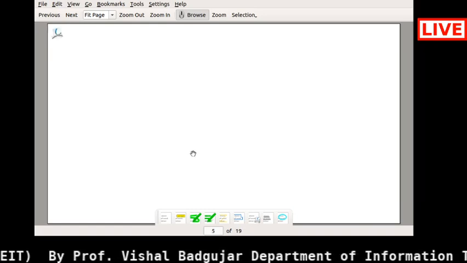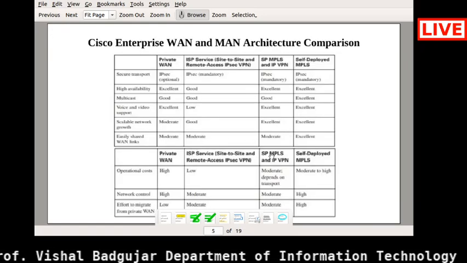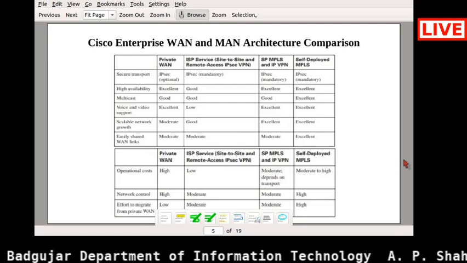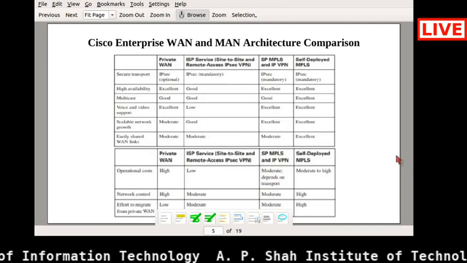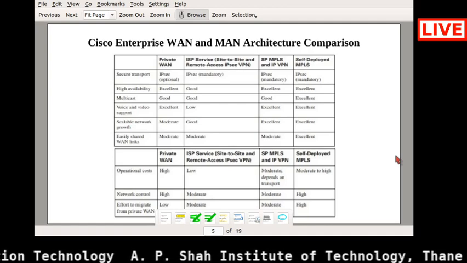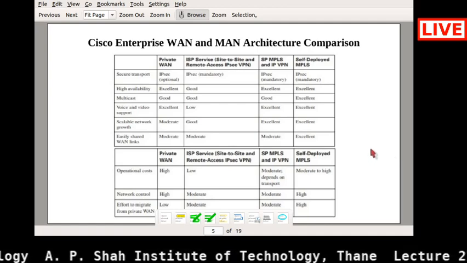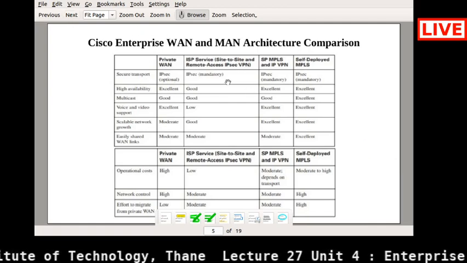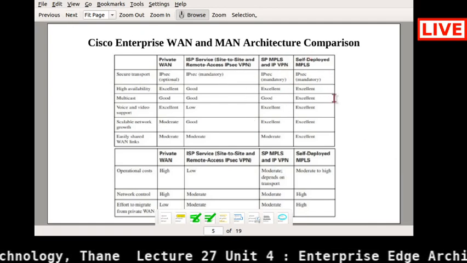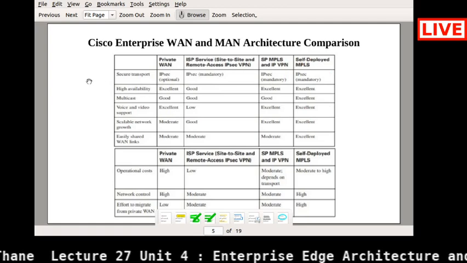Then we will have some differentiation between all these things, with respect to all the considerations we have talked about right now. If you see this table, we have all these WAN technologies, whatever we have discussed just now, and some considerations.